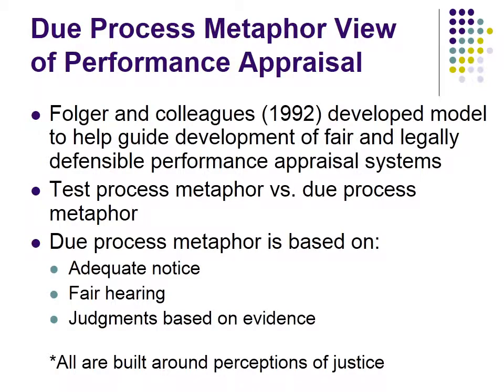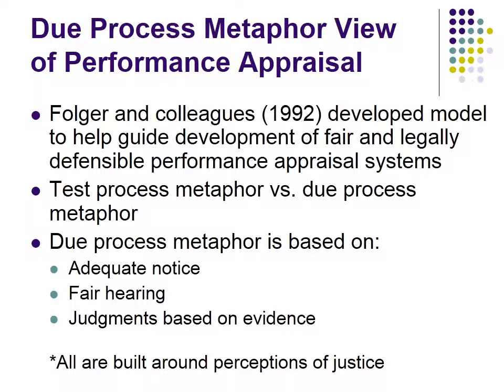So in other words, if you have a strong test process metaphor performance appraisal, all you're caring about is the accuracy of it. If you have a strong due process metaphor in your performance appraisal, you have a performance appraisal where people know what they're being rated on, adequate notice. You have a process that includes direct communication of that feedback and the potential to actually appeal that feedback, fair hearings.